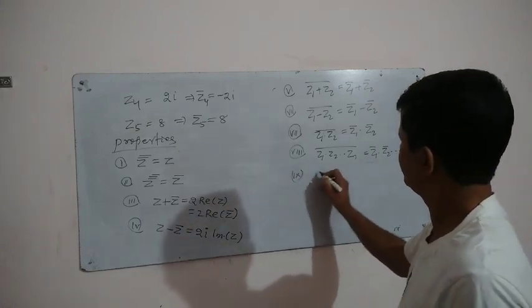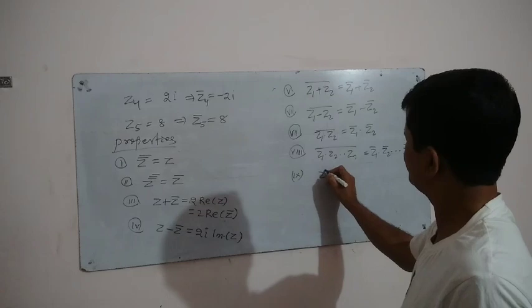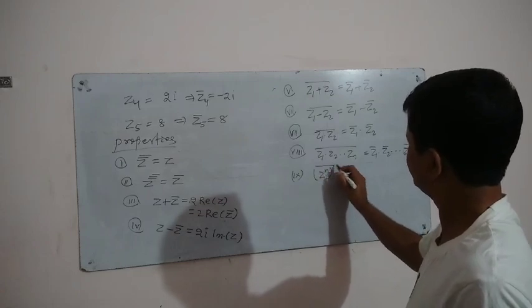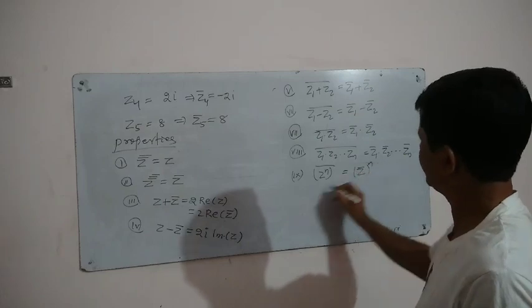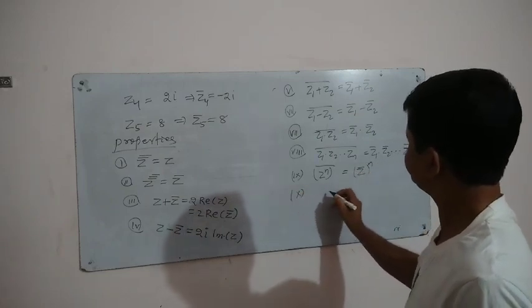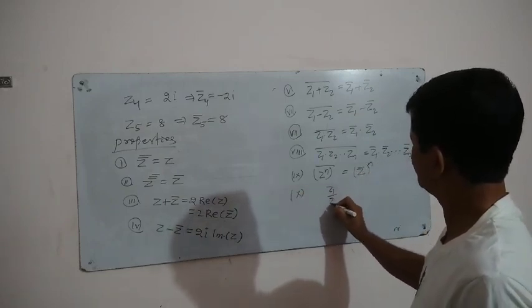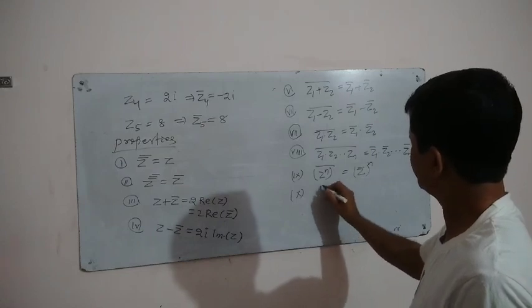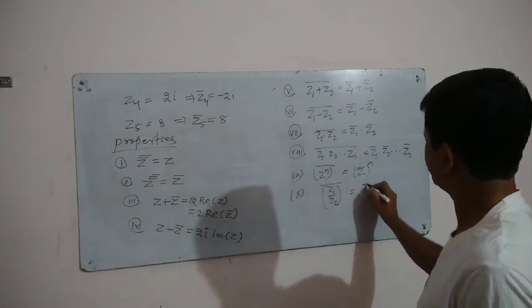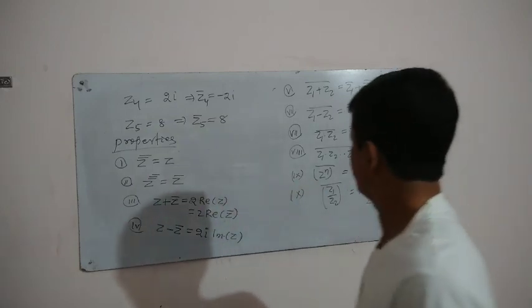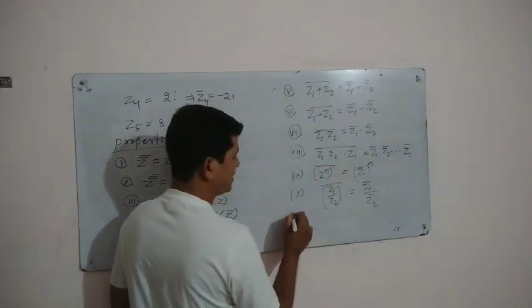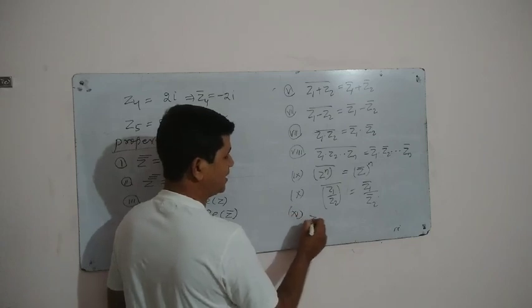Z to the power n whole conjugate is equal to Z conjugate whole to the power n. Next, Z1 by Z2 whole conjugate is conjugate of Z1 by conjugate of Z2.